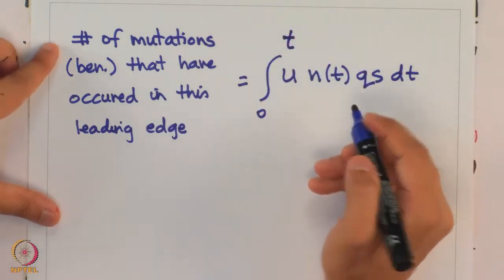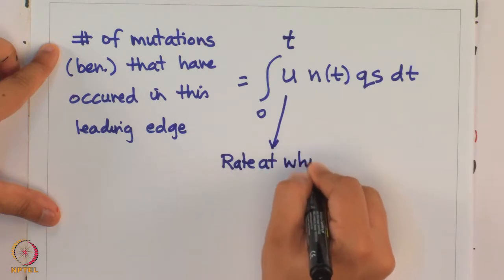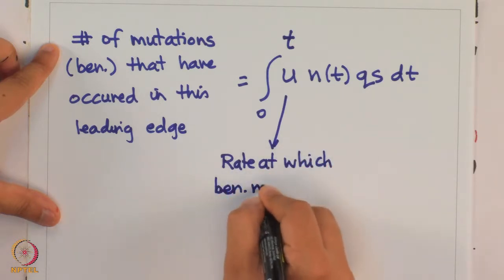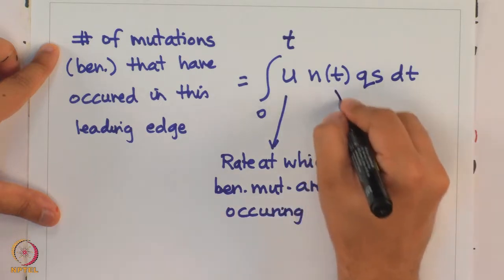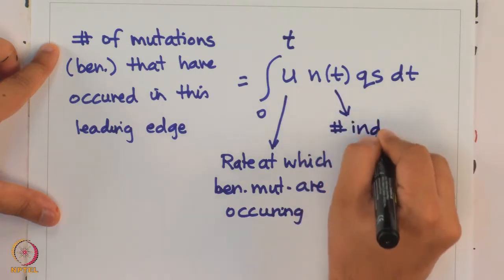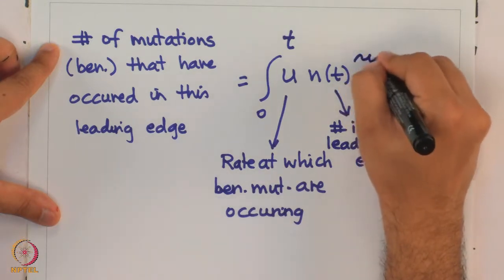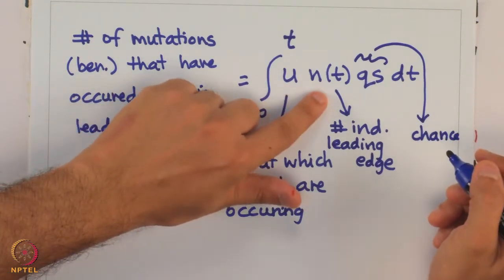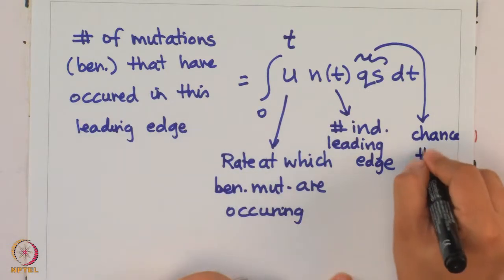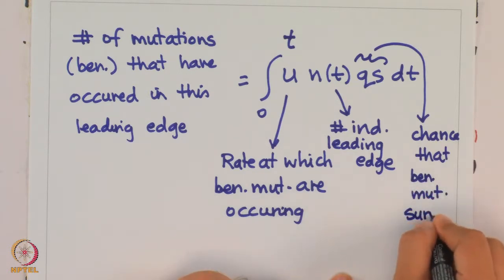What does this expression mean? U is the rate at which beneficial mutations are occurring, Nt is the number of individuals in the leading edge, and Qs represents the chance that this beneficial mutation occurring out of this is going to survive drift.